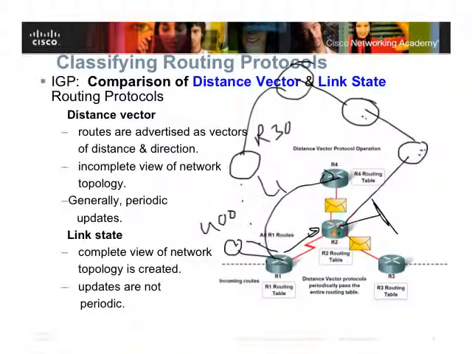But there is some possibility that these routing tables are not consistent. For example, when the system first starts, maybe the information is not updated in all routers yet.